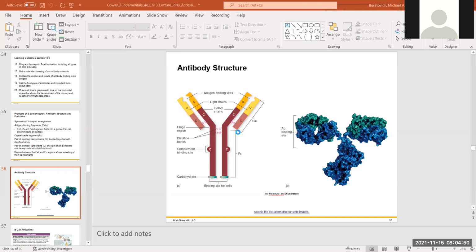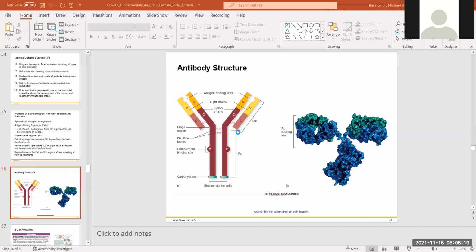Now, let's talk a little bit about isotype switching. Please take this handout, turn it to this page. So the B cell down there presents antigen to the T cell. The T helper cell is now going to secrete cytokines.